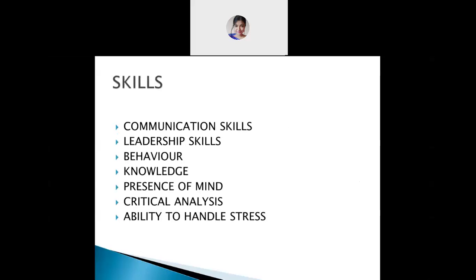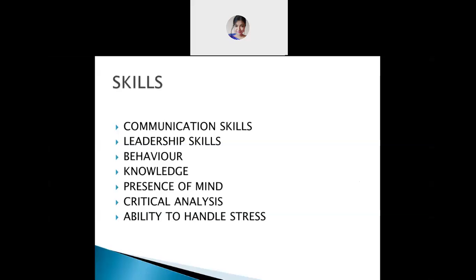Communication skills are all about how you interact and behave with the other participants, how you express your opinions and ideas, and whether you're a good listener or not. And apart from that, your body language, your facial expressions, and your gestures will also be evaluated. So this is how your communication skills will be evaluated.